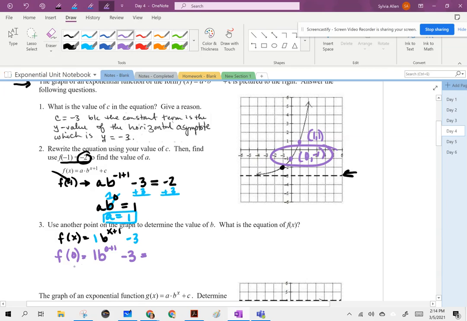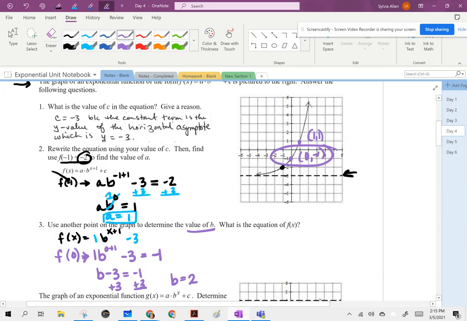And when I plug in 0, I get -1. So really 1 times b to the first, so that's just simple. That's just b. So b minus 3 equals -1. Finish solving. And I get b is equal to 2.